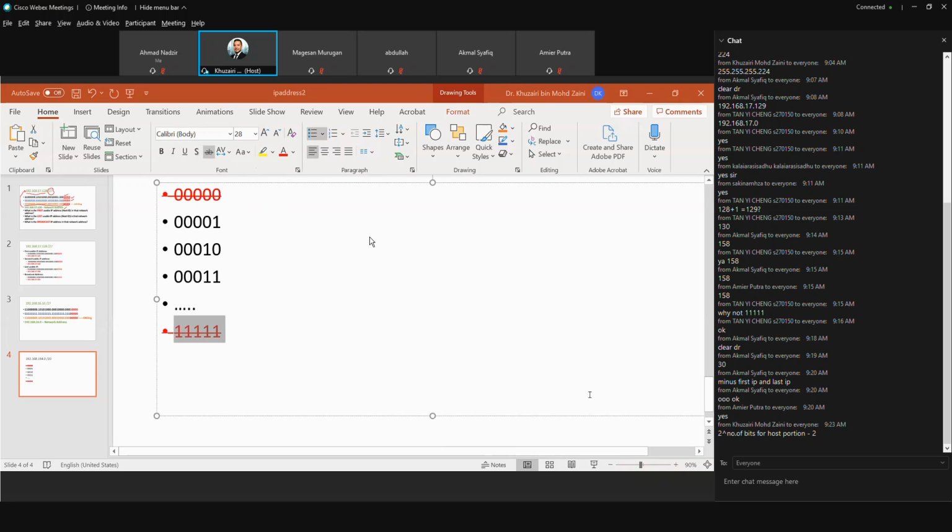You get 30. Okay. So if you have 4 bits for the host portion, how much do you get? 16. So 16 minus 2, you get 14. So with the network of 28 bits, you can have 14 IP addresses for the hosts in that network. Understand?